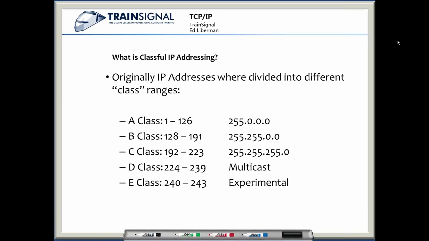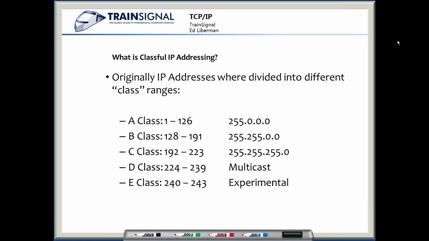The Class B range, the first octet will be 128 to 191. In this case, the first 2 octets represent the network ID, and the last 2 represent the host ID. Then we had our Class C range, 192 to 223, and that would be the number in the first octet.